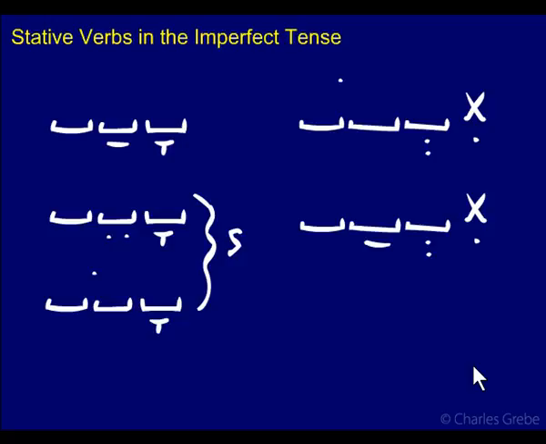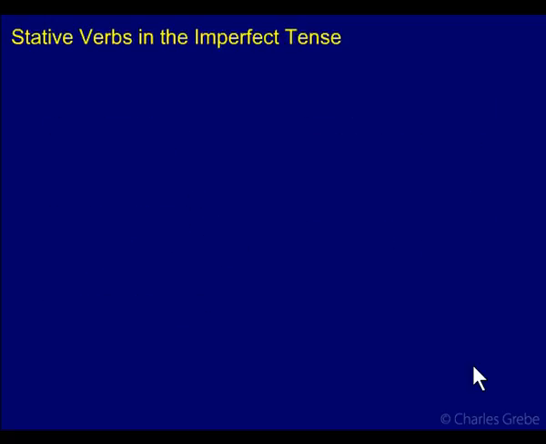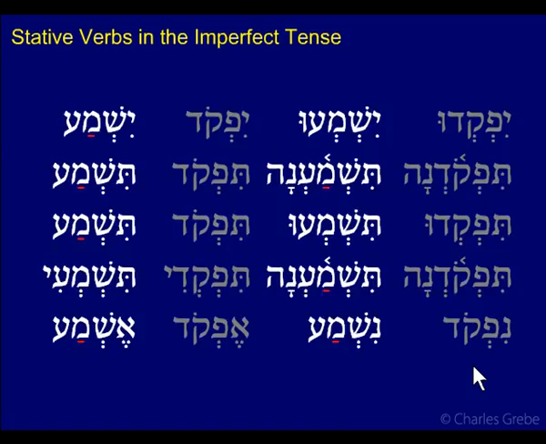What I'm going to do is I stole the paradigm we had from the gutturals. So this is just from that lesson. Yishmar, okay? Third guttural, shama is to hear or to listen. And so we had all these patachs in there, except for these three, because these three are the ones with pretonic reduction. In the perfect, we had pretonic reduction here and here.